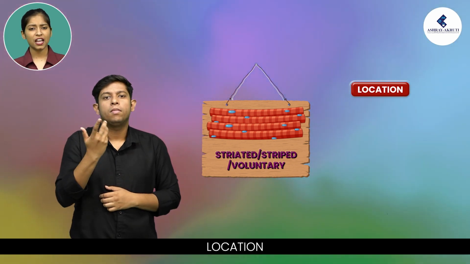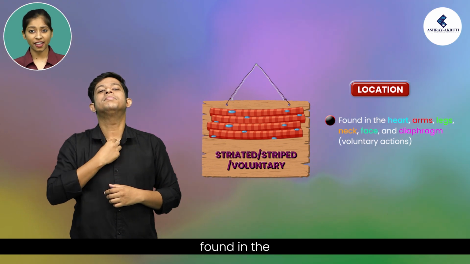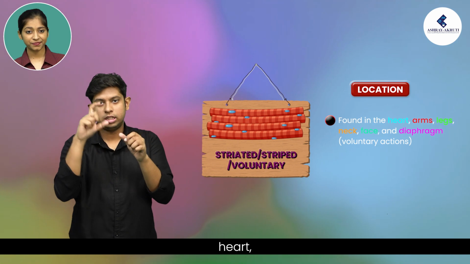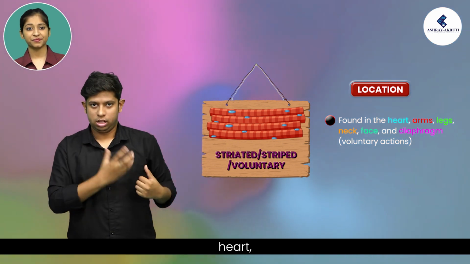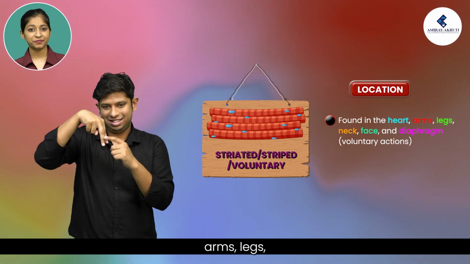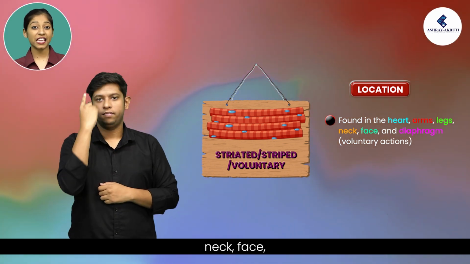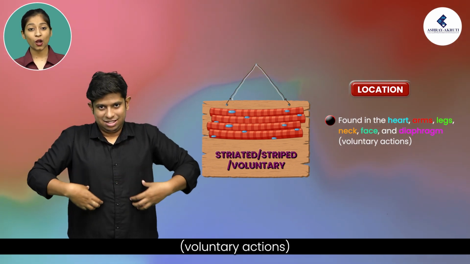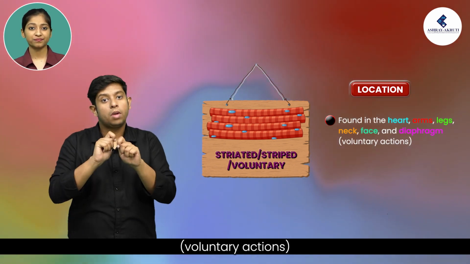Location: found in the heart, arms, legs, neck, face, and diaphragm. Voluntary actions.